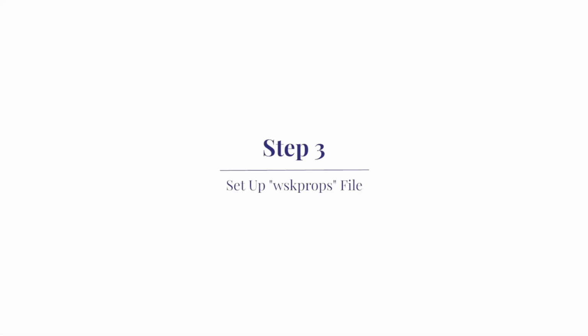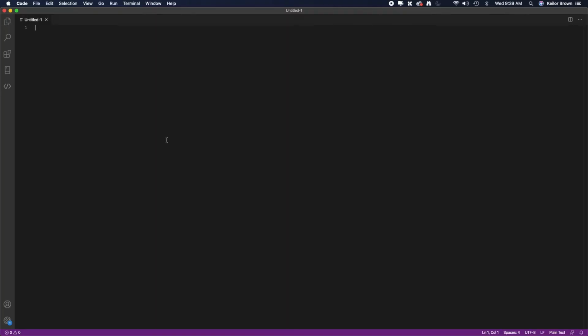Alright, step 3. We're going to set up our Whisk props file. So we're going to open up a text editor, and then we're going to do an all caps AUTH equals, and then it's going to be a really long authentication string that was either provided to you from Adobe support or in Adobe IO console when you created your project. Next, you're going to use the API host.